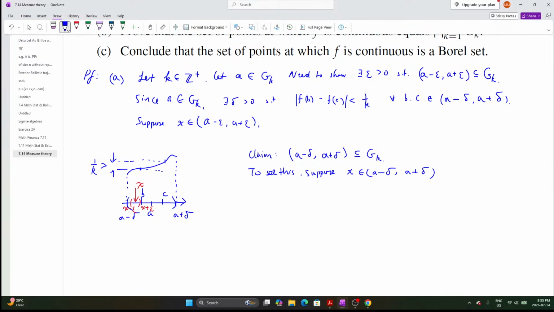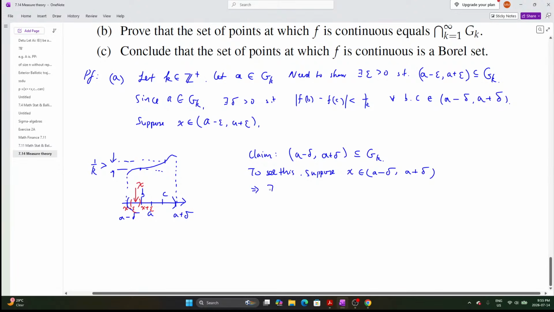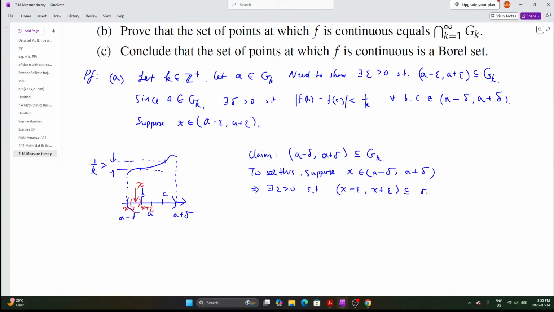Then there exists epsilon greater than 0 such that (x minus epsilon, x plus epsilon) is contained in (a minus delta, a plus delta). This is because (a minus delta, a plus delta) is an open set.